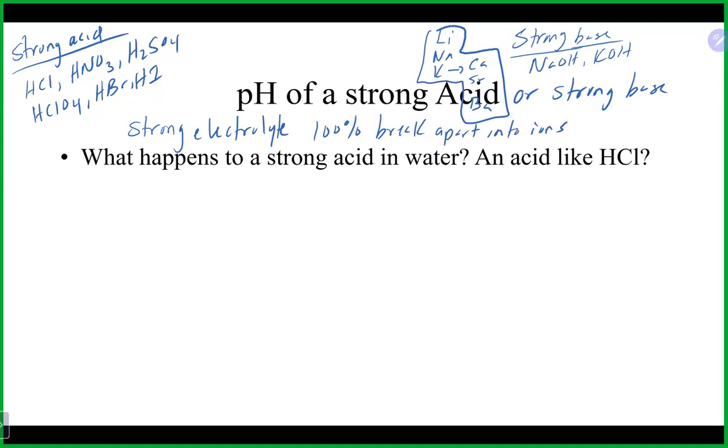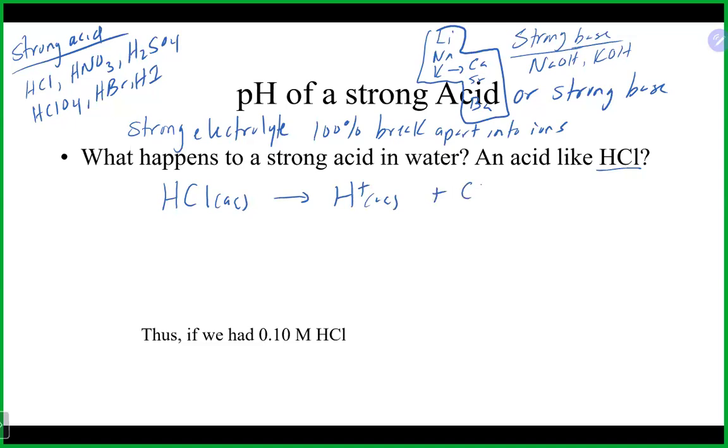So how that's beneficial for calculating the pH of a strong acid or a strong base, if you're given the actual formula, is, for example, if we take hydrochloric acid, when it is in solution, because it is a strong electrolyte, it is going to 100% break apart into H plus and Cl minus. So in that solution of hydrochloric acid, you have none of the HCl units still together.